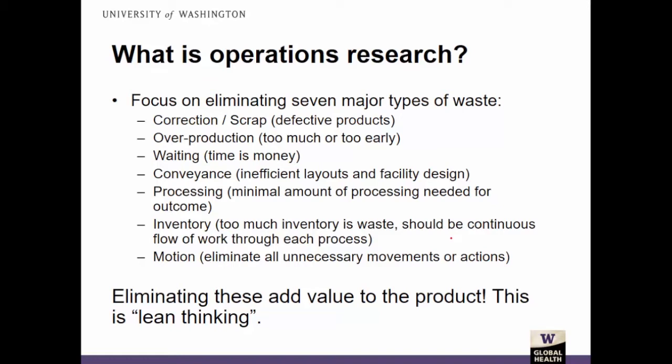The first one is what they called correction or scrap, which is defective products, which is, of course, a major waste and decreases consumer confidence. In a health setting, this could be harmful tests or tests that need to work and don't, such as expired medication or a botched surgery or a lab reagent that doesn't work. This is obviously waste and could have severe negative health outcomes for our work in health.